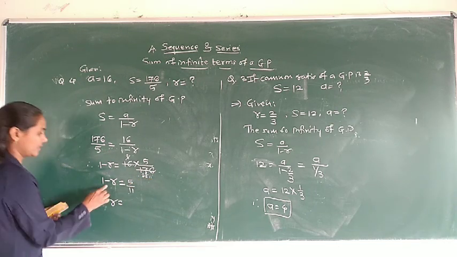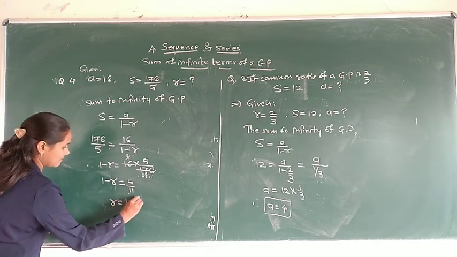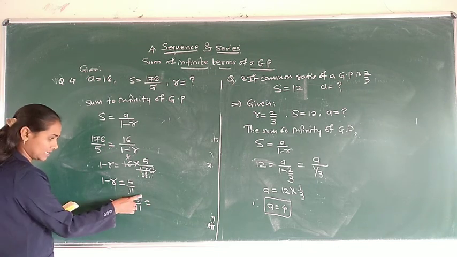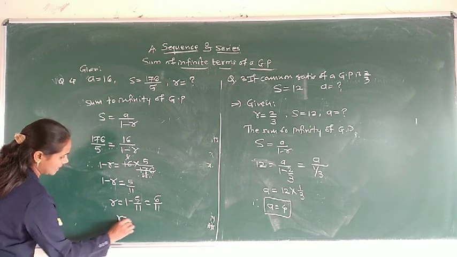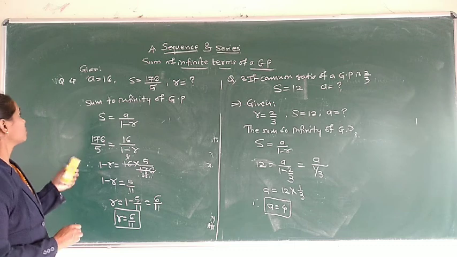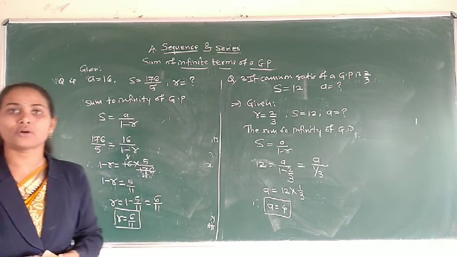Therefore r is equal to 1 minus 5 upon 11, which is 11 minus 5 upon 11, that is 6 upon 11. So the common ratio for question number 4 is 6 upon 11.